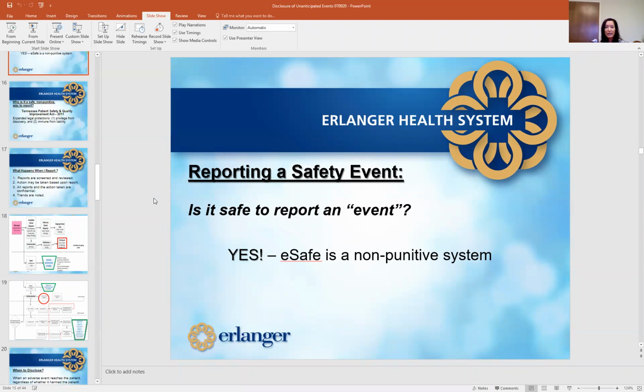It could have, right? Put it into eSafe, which is Erlanger's non-punitive reporting system for safety events. Those events are all looked at and analyzed to see what can we do proactively, even if there wasn't harm, right? But propensity for harm. What can we do proactively to lessen the likelihood of a bad outcome later for someone else? Next slide.